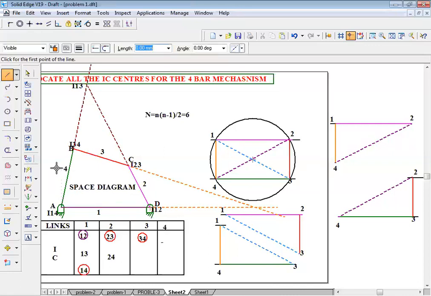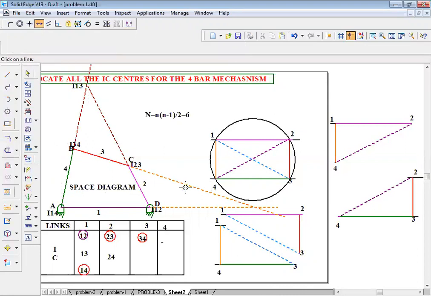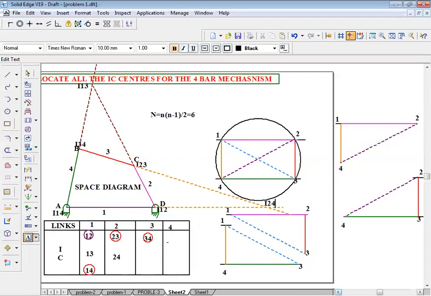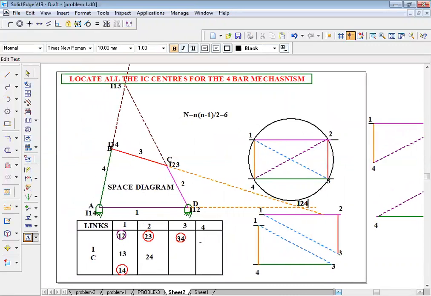That point is called I24. I'm going to make it parallel to this line. Here both lines intersect, and this point I call I24. So by this we located all the instantaneous centers. By this, it completes problem number 1. Thank you.